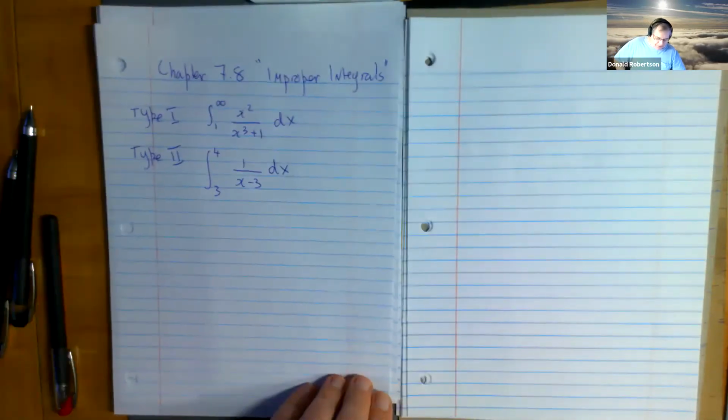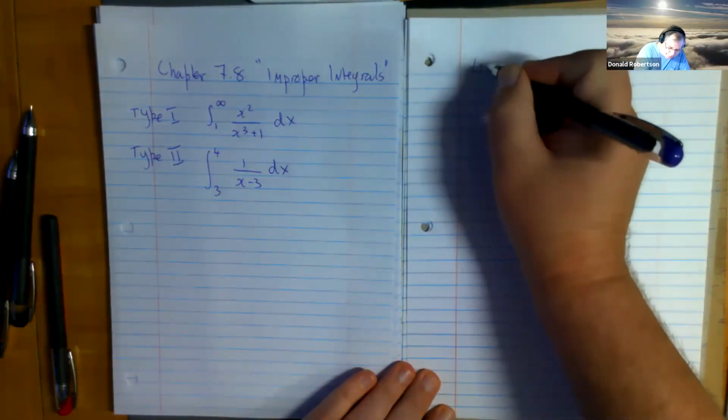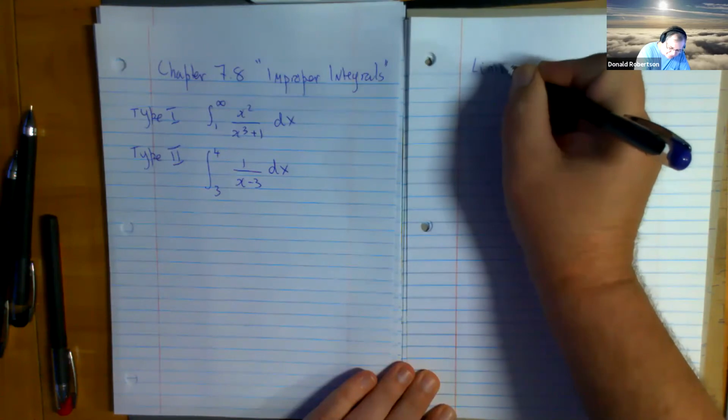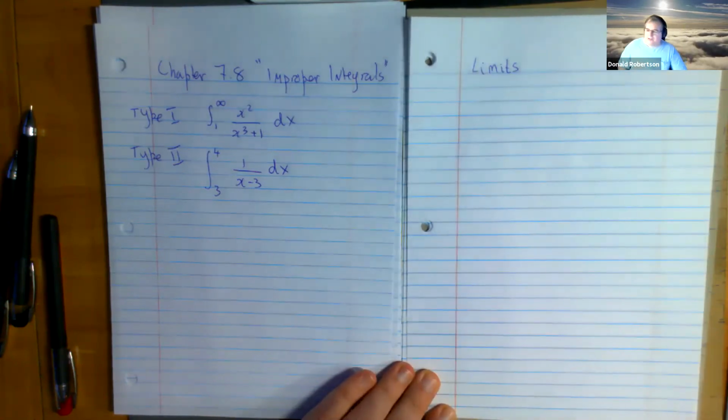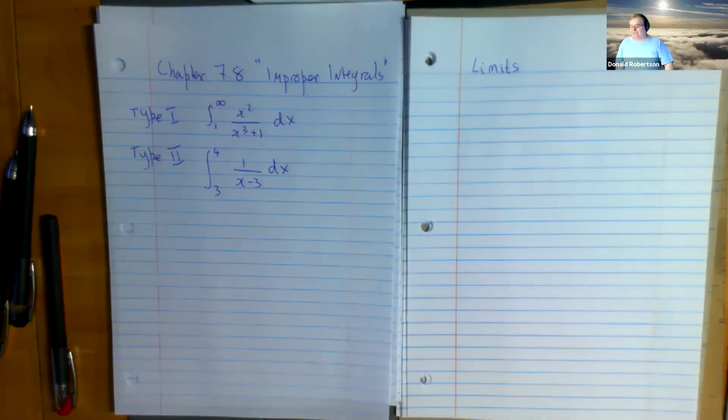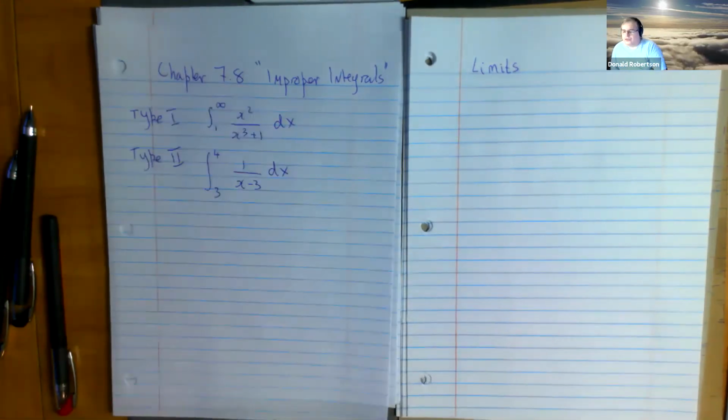So let's go back to how we're going to deal with this. Well, I'm going to bring back a guy that you probably thought you'd seen the last of. Limits. To find these integrals, we use limits, which means that we have to refresh ourselves on techniques that you can use to get the limits of expressions.